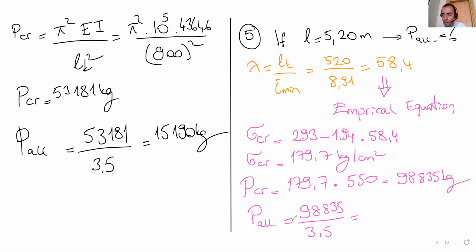Okay. If we divide this by 2.5, which is the factor of safety, we are gonna get this one, 28,240 kilograms. So this is the allowable force. This is the capacity of the given member.